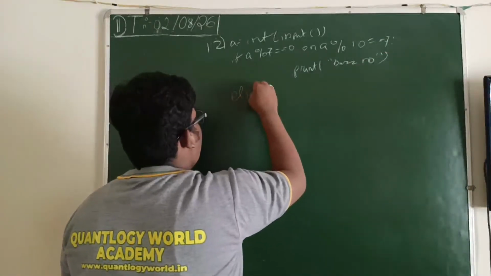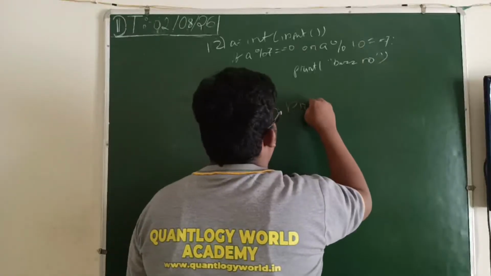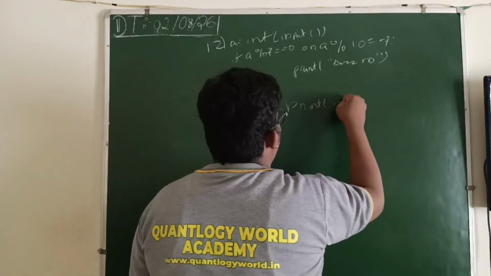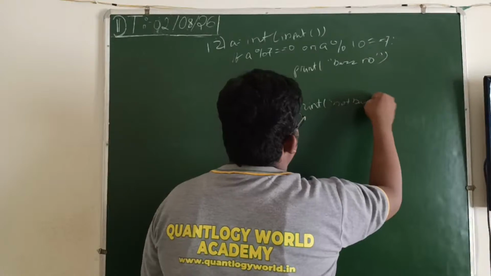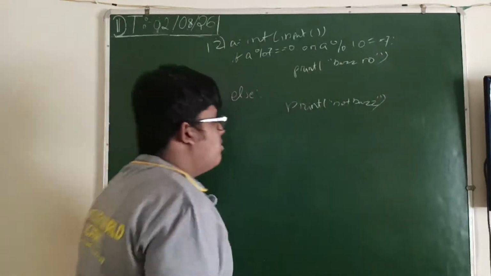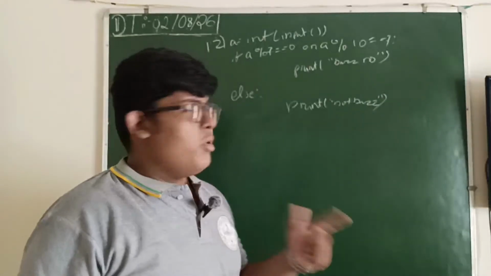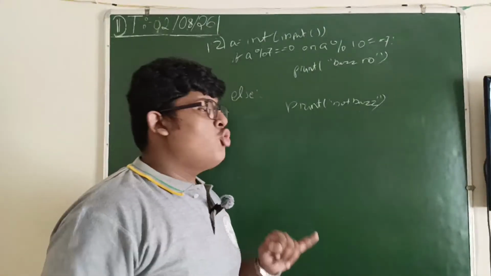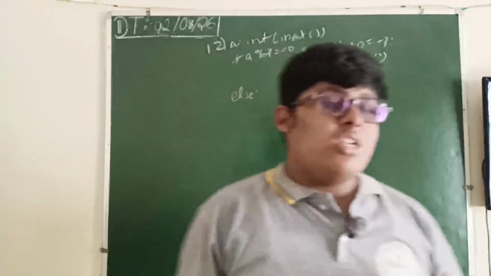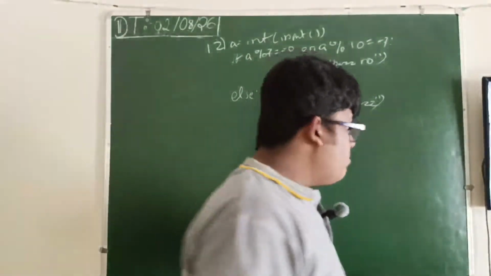Else print not Buzz. This is a very simple program and a very important program also. Buzz number, Armstrong number and palindrome numbers, these three are very important programs.